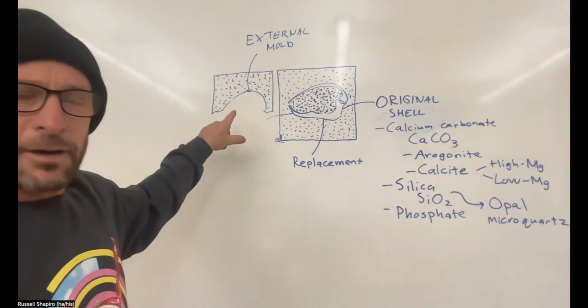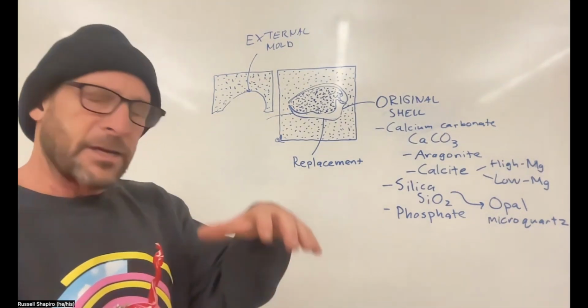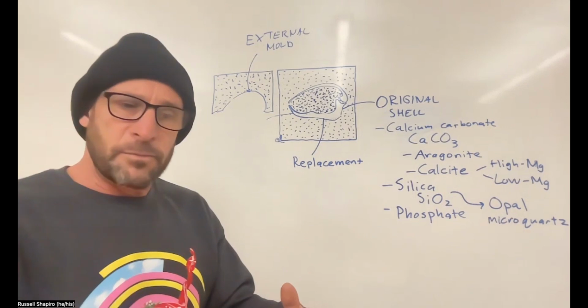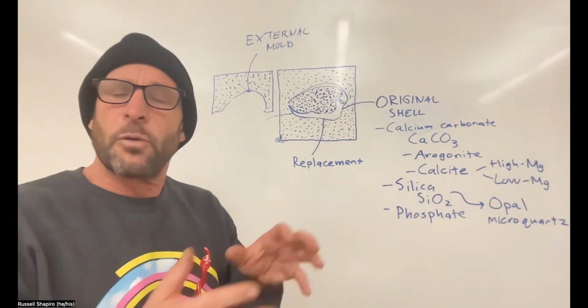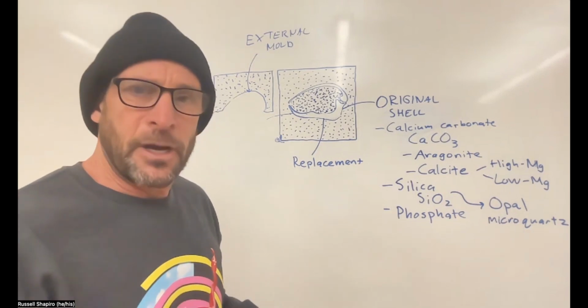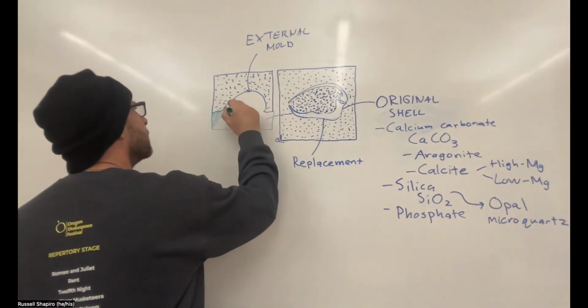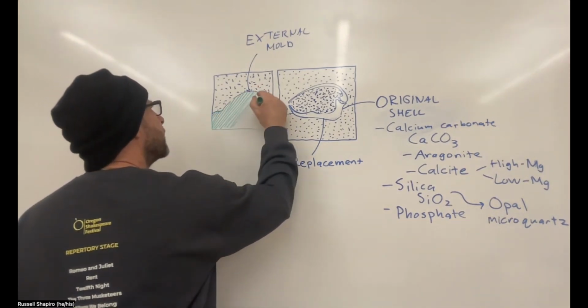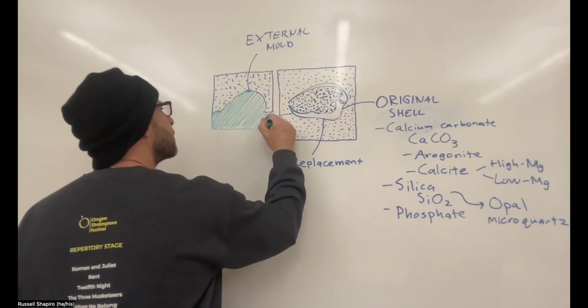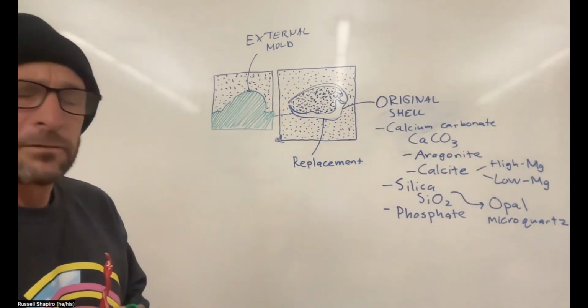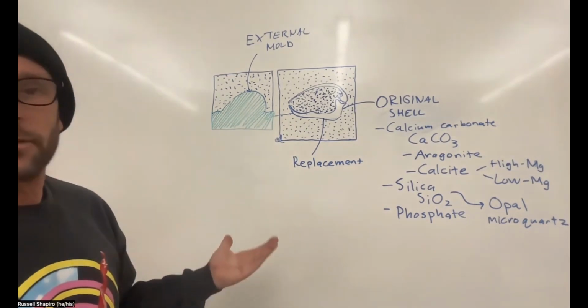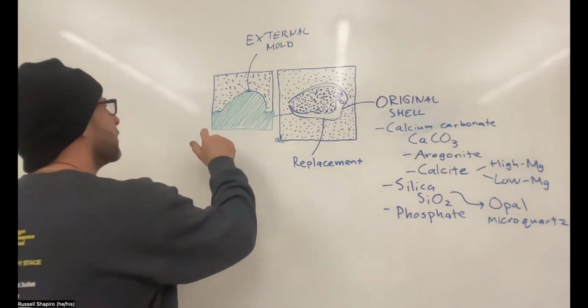Now, here's our external mold. Imagine the external mold in the rock record gets exposed and more minerals or more cements get bound up to it. And so they fill in completely, mimicking that surface. And now, maybe this is made of cement that's a little harder or another kind of sediment that's harder.